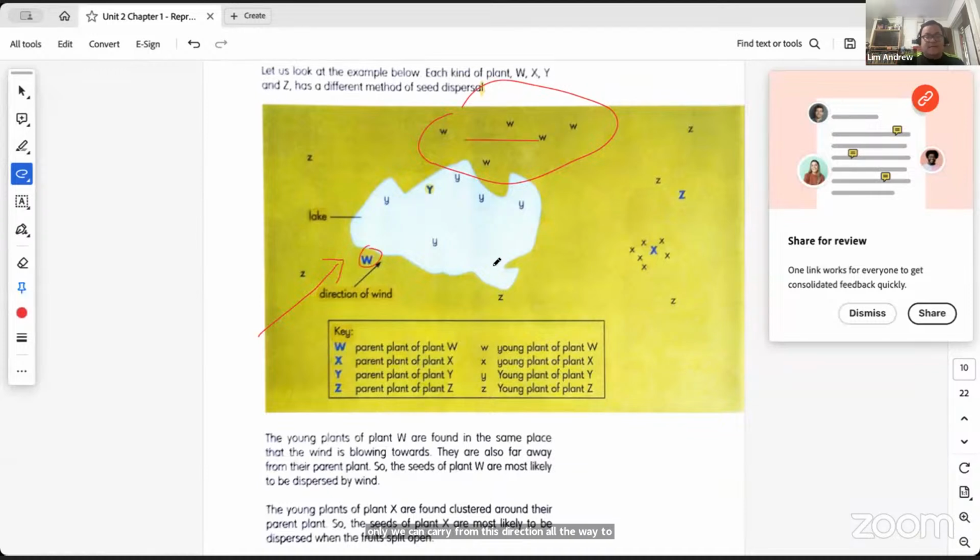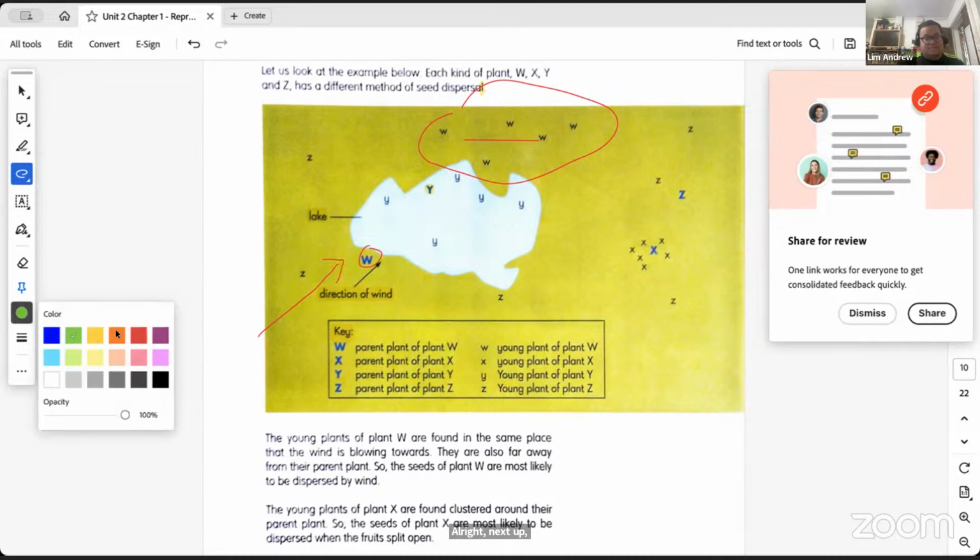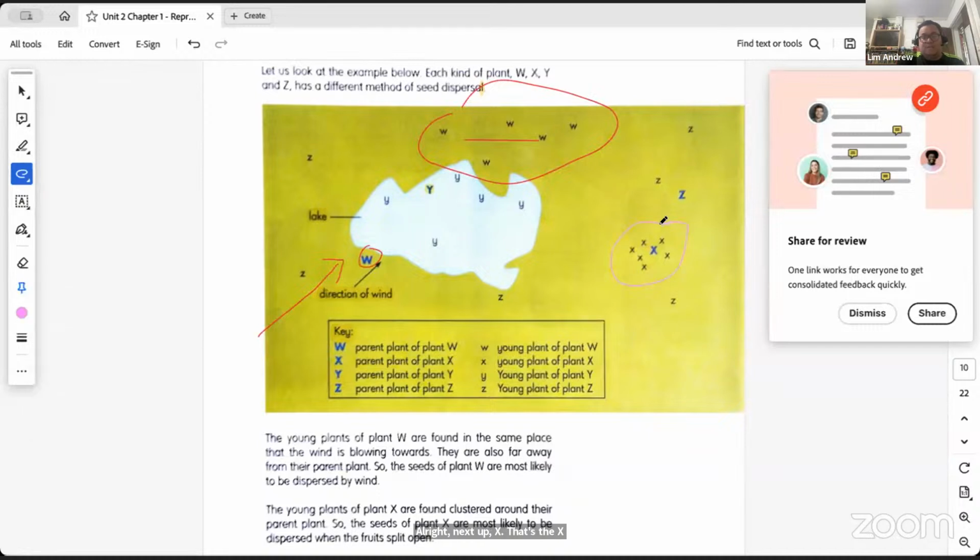All right. Next up, X. Let's look at X now. X plants are all near the mother plant. The wind is blowing in this direction. So rightfully, if X used wind, the young baby plants of X would be somewhere here. But unfortunately, the graph shows that the plants are scattered around the parent plant.